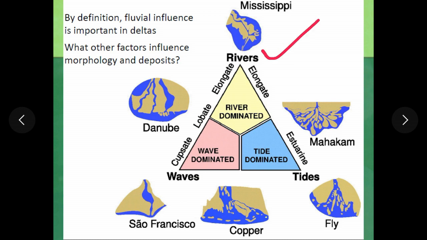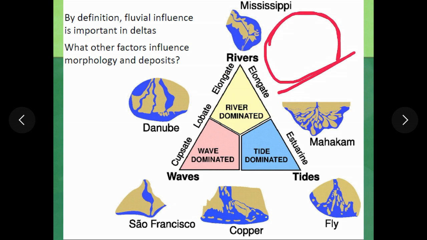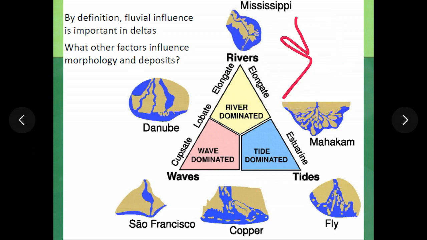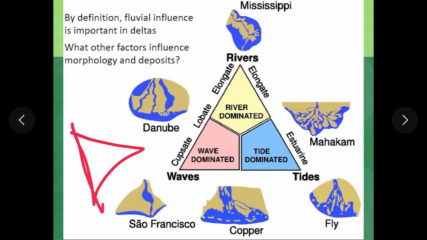When the river is dominant, a delta is elongated. As the influence of river goes on decreasing, it becomes lobate shaped. Lobate shape is something like this, and elongated is bird foot delta. With further increasing influence of waves, the delta becomes cuspate shaped or arcuate shaped.